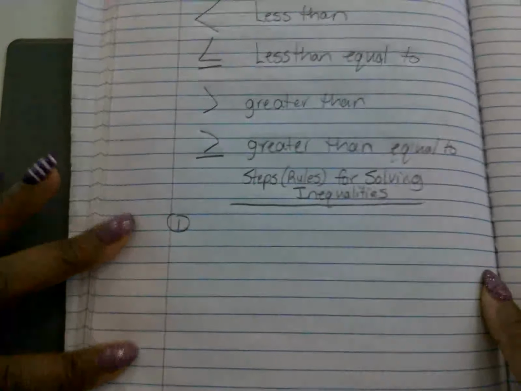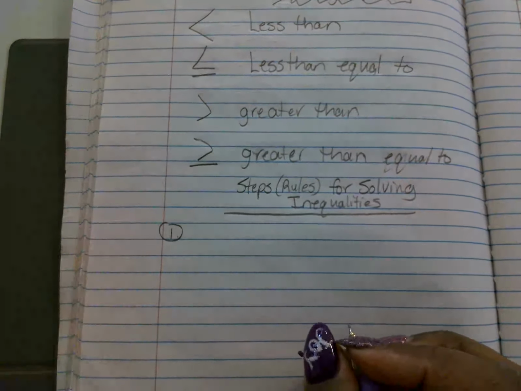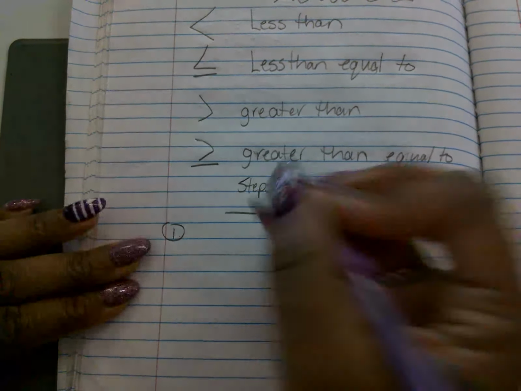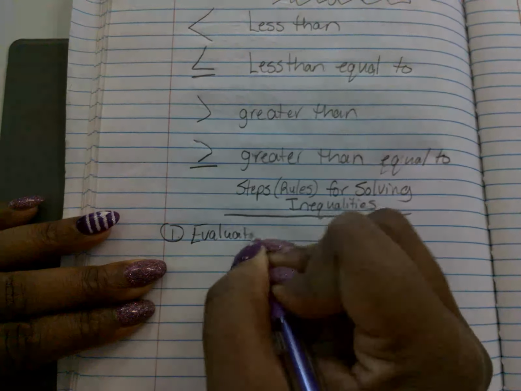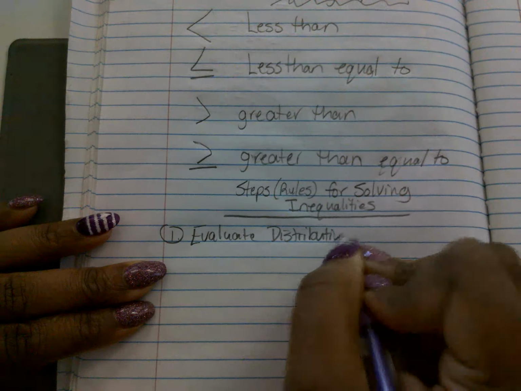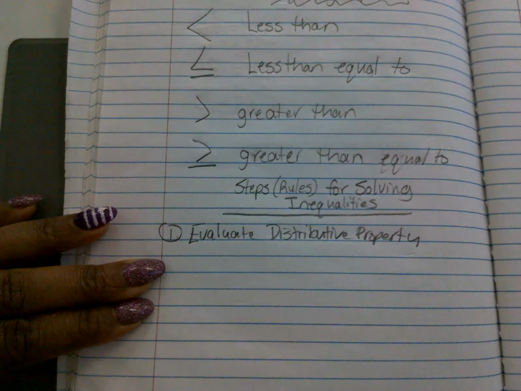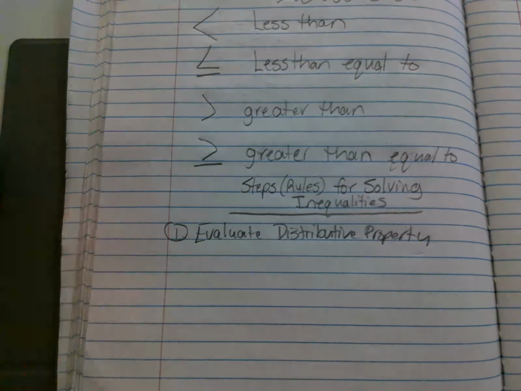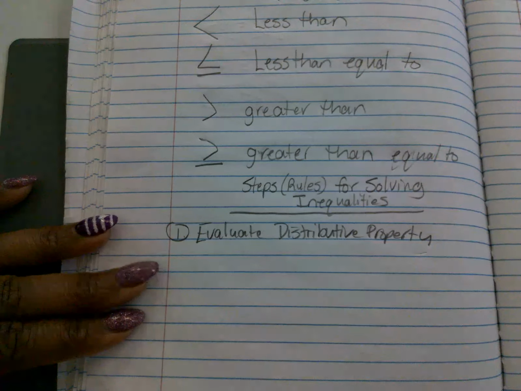First things first, same thing that we did before with solving equations, you're going to do distributive property first. Okay? Distributive, evaluate, solve, evaluate. You can put either one, okay? Do distributive property first.